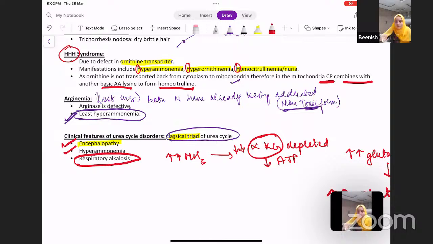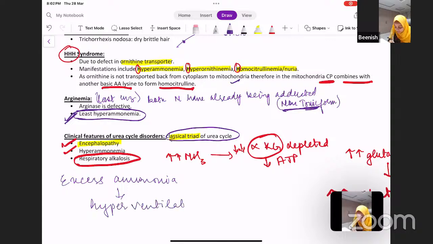Hyperammonemia, we've already discussed. Then respiratory alkalosis is the last in the classical triad of the urea cycle. How is respiratory alkalosis being contributed? The excess ammonia causes hyperventilation. Leading to what?